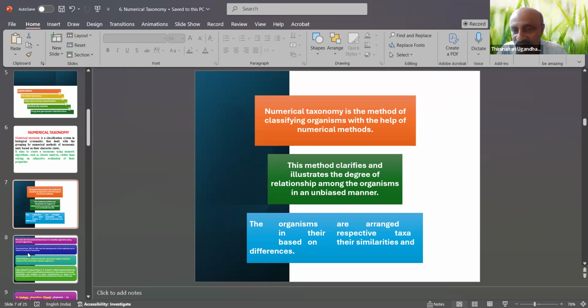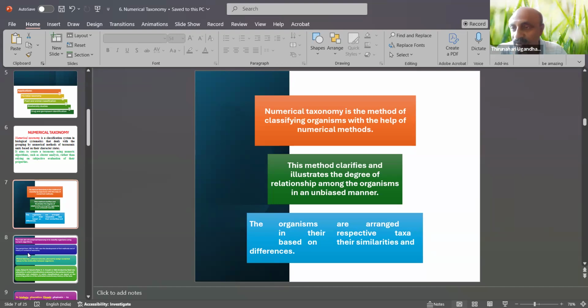This method clarifies and illustrates the degree of relationship among organisms in an unbiased manner. So the organisms are arranged in their respective taxa based on their similarities and differences.